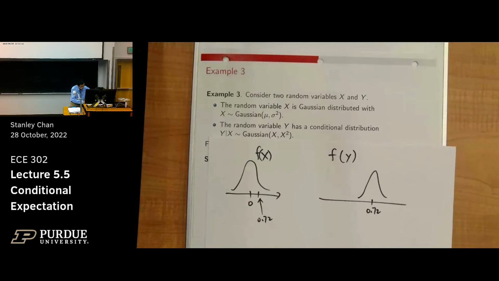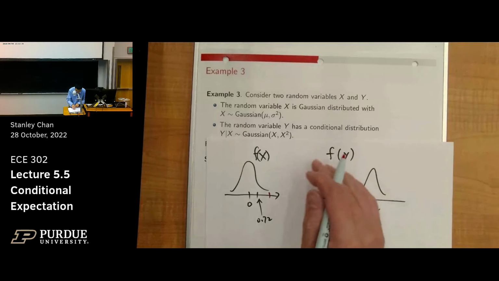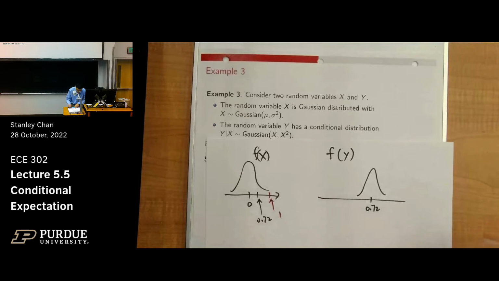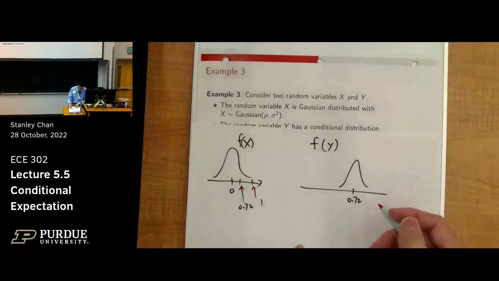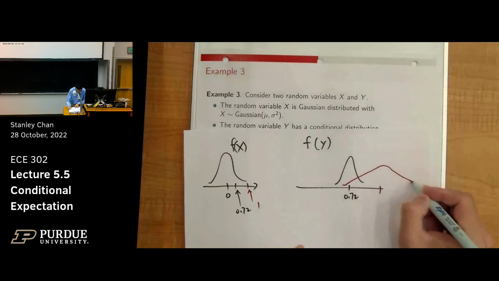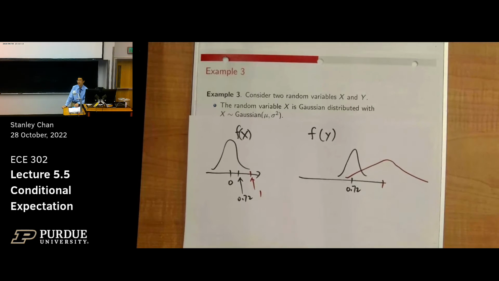If tomorrow morning you wake up, do another experiment, and pick the number 1, then your distribution of y will be centered at 1, and the variance will be 1. You get a different distribution.